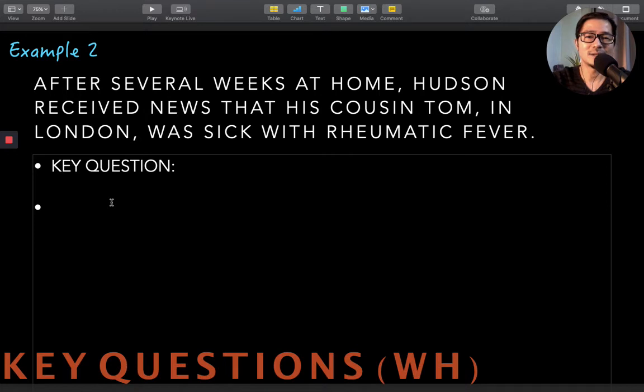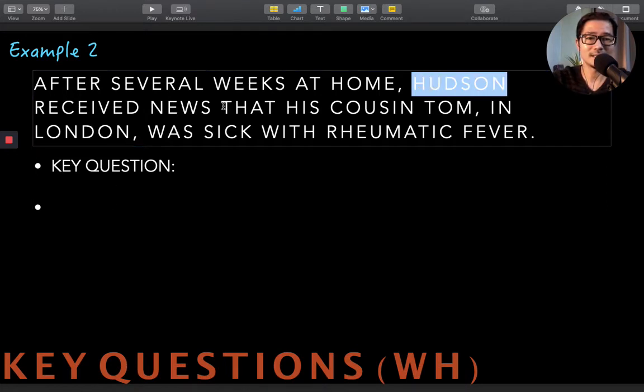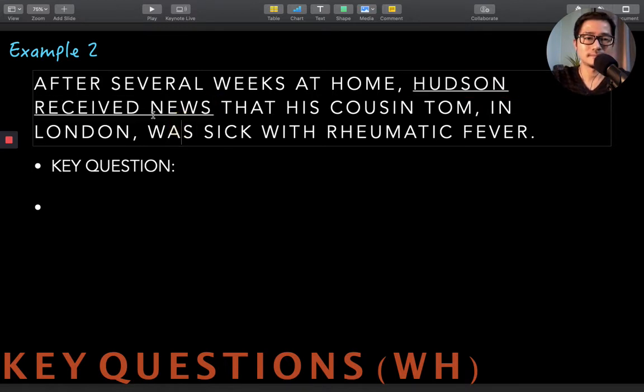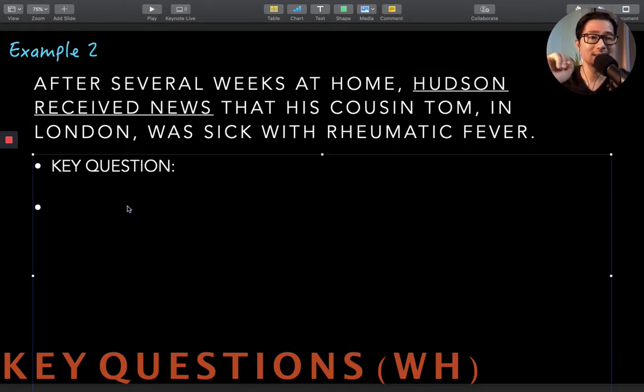Okay, let's go to the object of the sentence. So again, let me highlight this. Hudson received news. So I want to ask about this. So if we are asking about news, remember, received what? News. So it's a noun, and at the same time, it's the direct object of received.